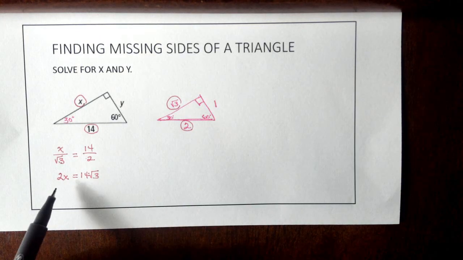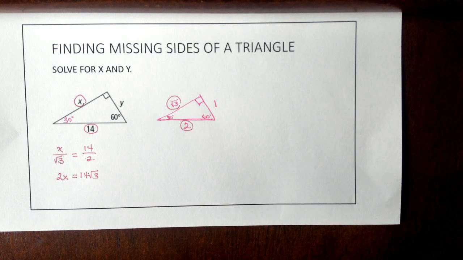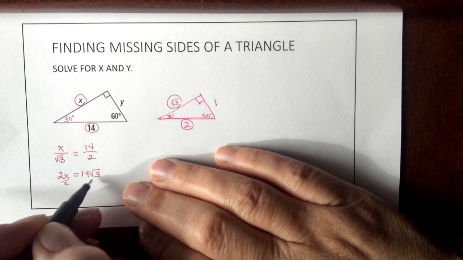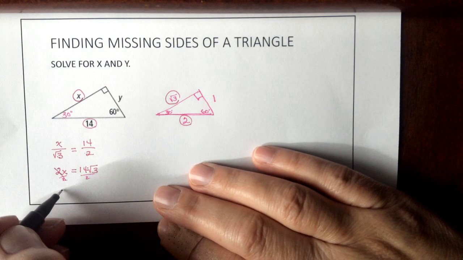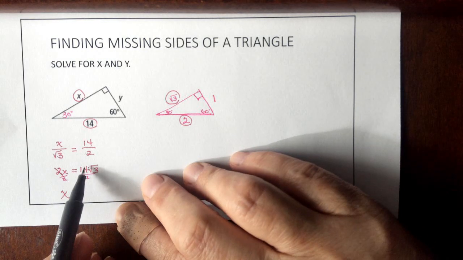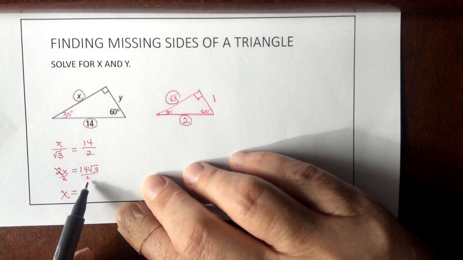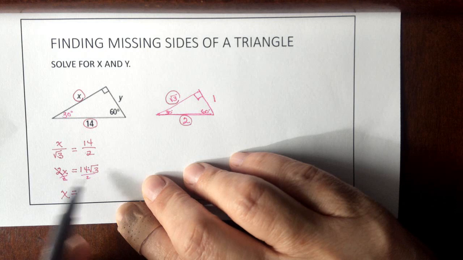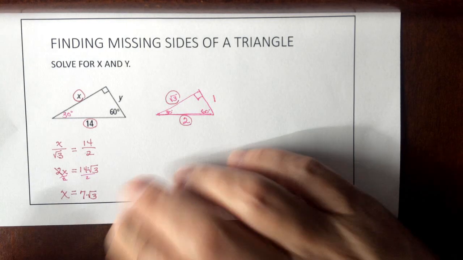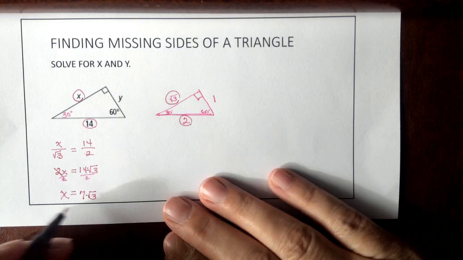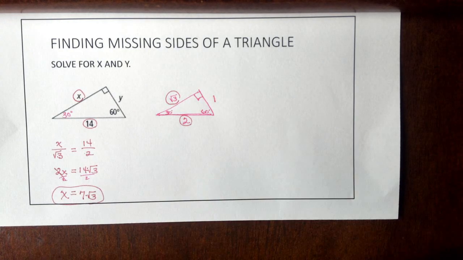We've got to do an extra step this time of dividing by this 2 to get x by itself. So if I divide by 2, divide by 2, x is equal to 14 divided by 2, which is 7. So we can divide out that common factor of 2, and we'll get 7 times the square root of 3, and we don't have a fraction anymore. So 7 square root of 3.